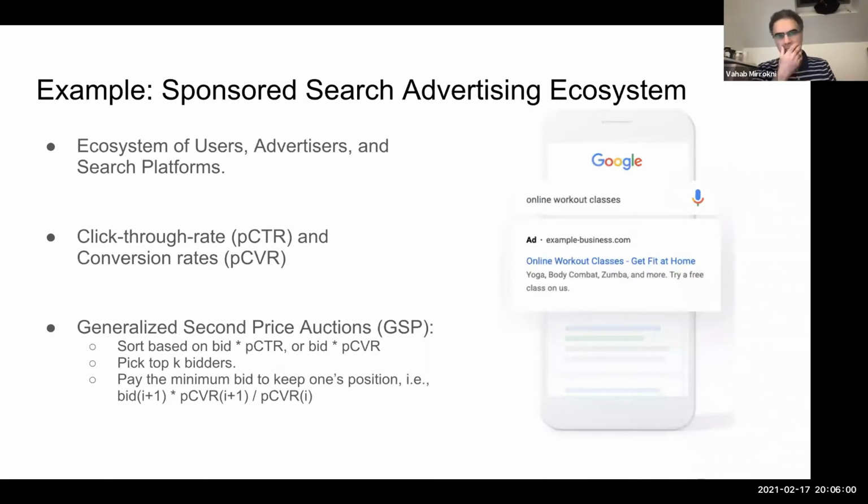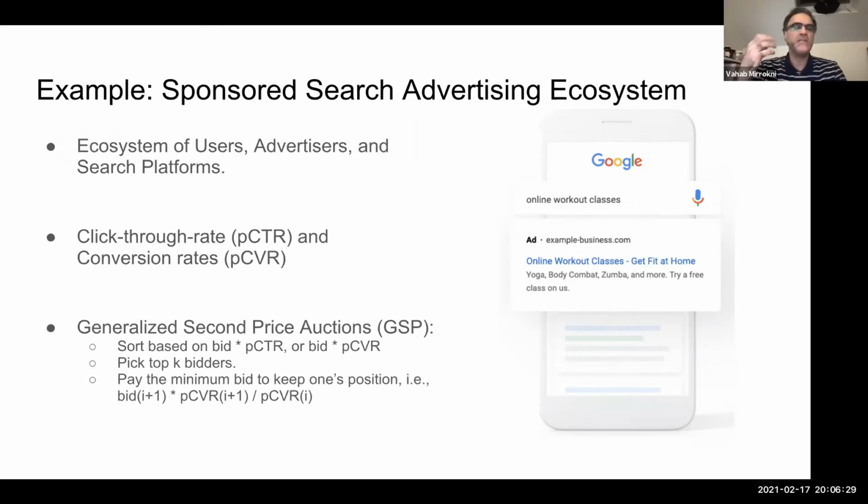Another important example in this market is the sponsored search advertising ecosystem, in which we have users, advertisers, and the search platform. In most cases, not only in sponsored search but in advertising in general, the platforms sell clicks or conversions, and they also have to compute click-through rates and conversion rates.